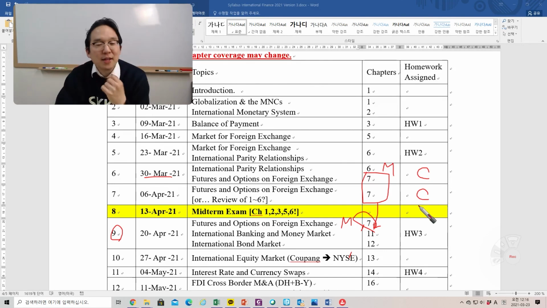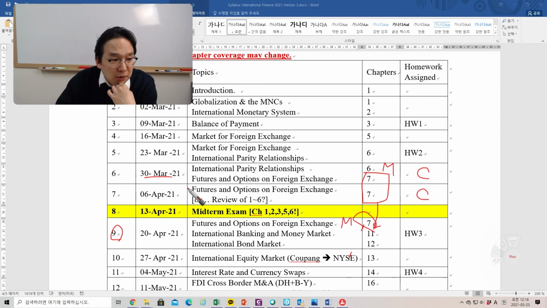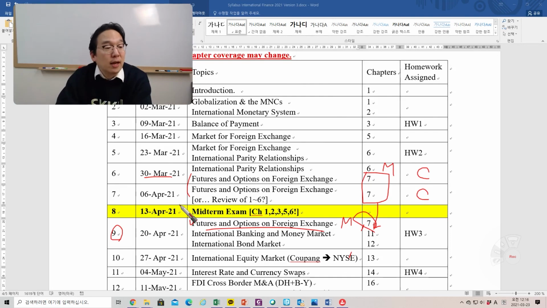Now, this is our revised schedule. Chapter 7, I may go after week 8, going up to 9. And then week 7, what if we have some more free time? Well, I can cover some Q&As.